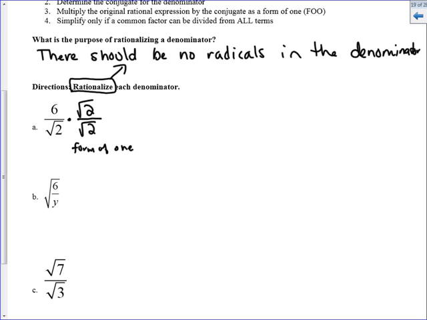So let's multiply this across. My numerator, 6 times the square root of 2, is just 6 square root of 2. And then the denominator is the square root of 2 times the square root of 2, which is the square root of 4. And what should always happen is this should always end up being perfect.